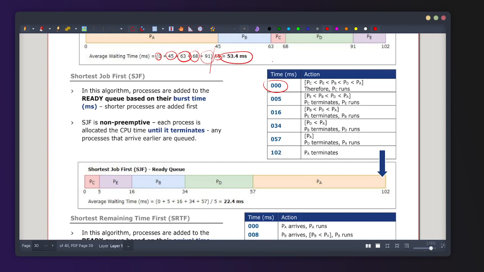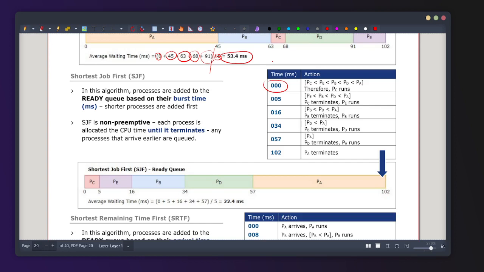Because process A is what initially arrives in the ready queue. So as far as the ready queue or low level scheduler knows, process A was the shortest it saw. None of the other processes had arrived at that time. It only knows about process A. So process A is the shortest technically at that point in time. So it should take in that one, right? No, it should take in that one.